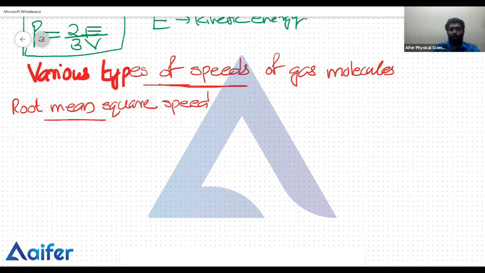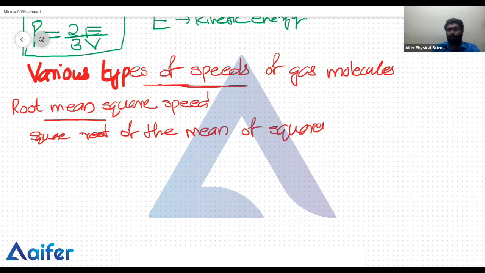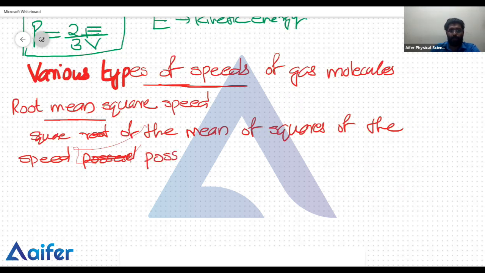Root mean square speed is defined as the square root of the mean of squares of the speeds possessed by different molecules.